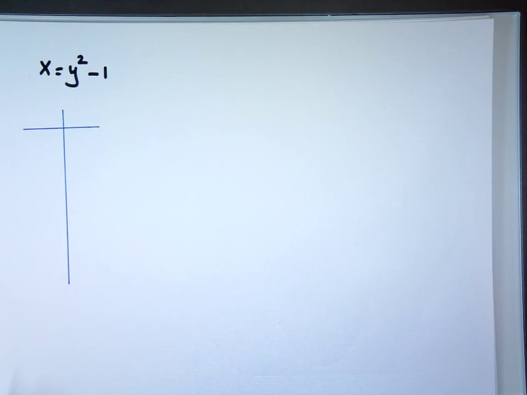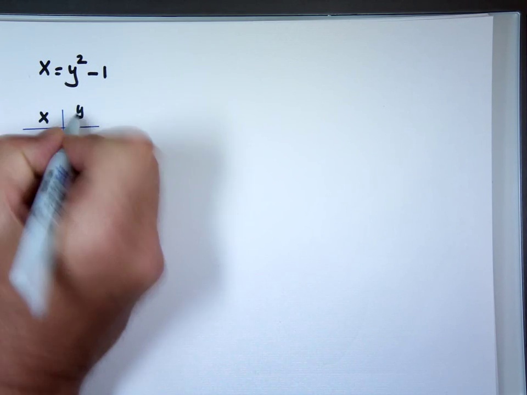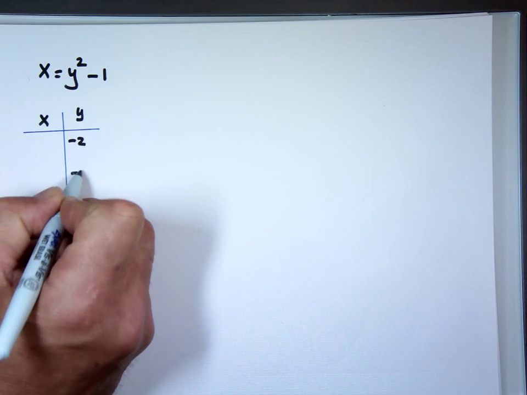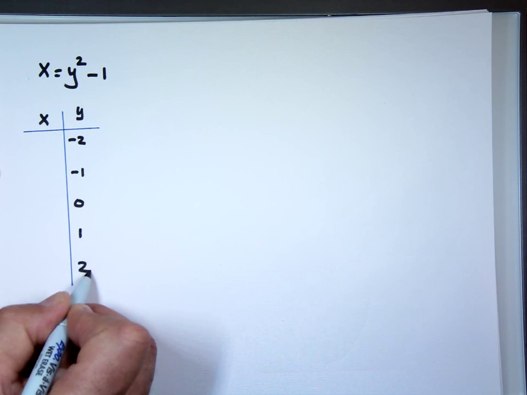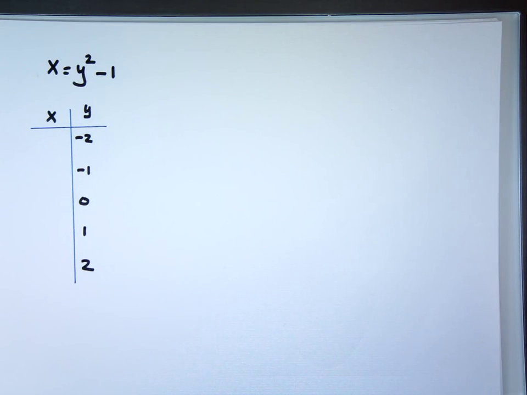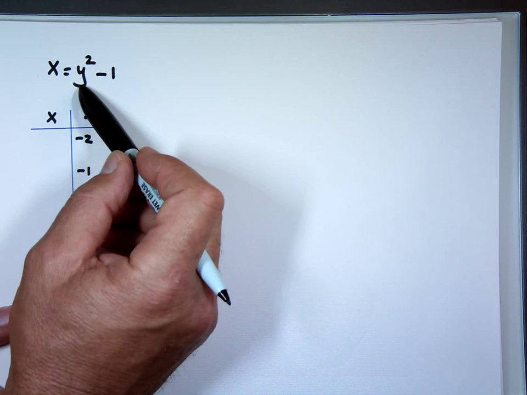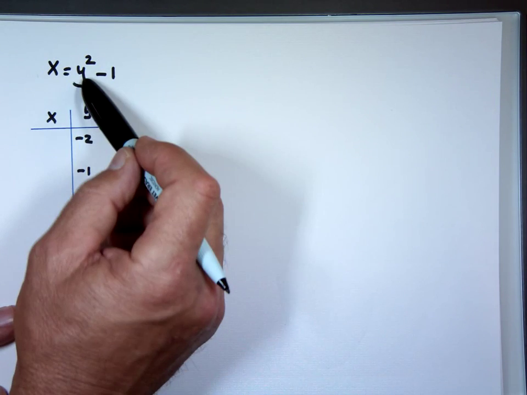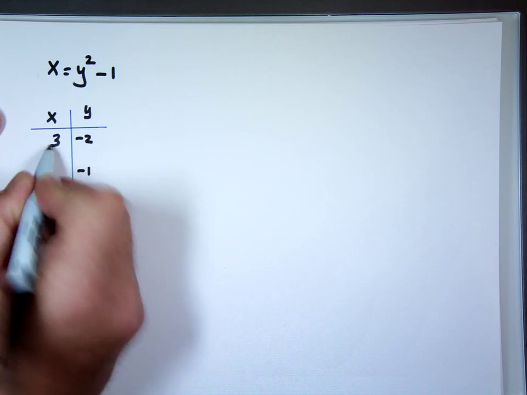We like to write x first and y second. So let me pick a value of -2 for y, then -1, then 0, then 1, then 2. Notice I'm choosing the y value. That's your independent variable now. When y is -2 and you square it, what's -2 squared? 4. 4 minus 1? 3.